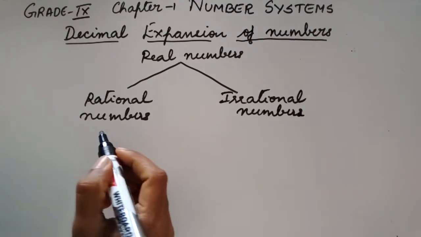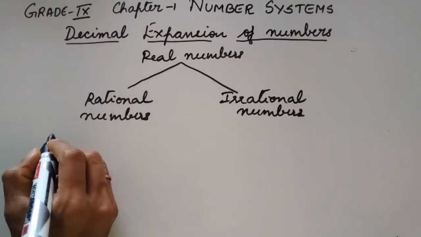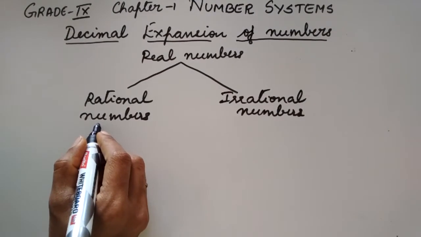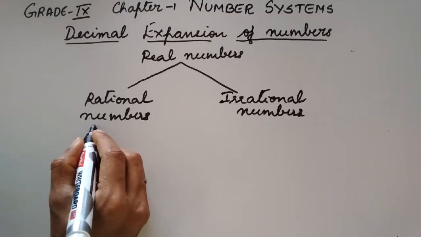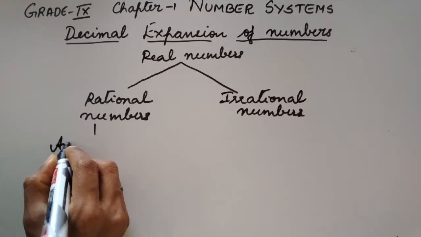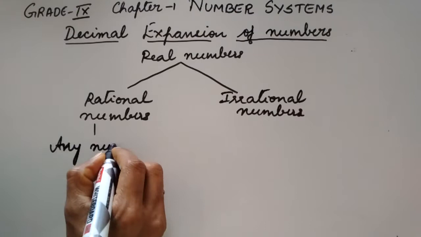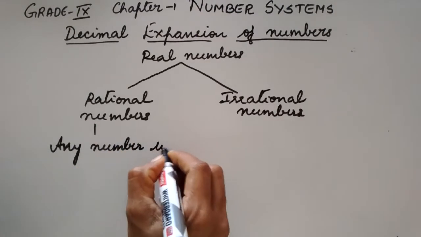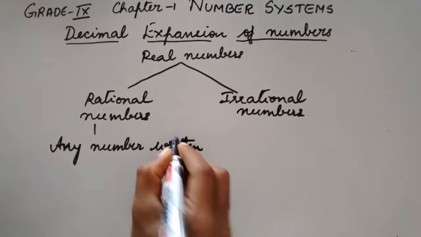In rational numbers we have any number which can be written as a fraction.